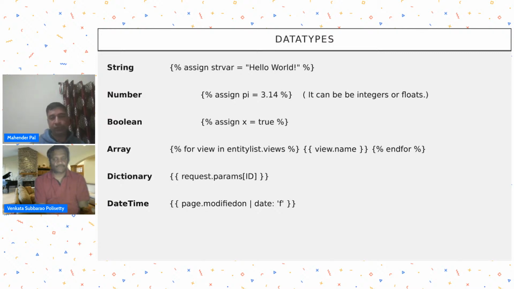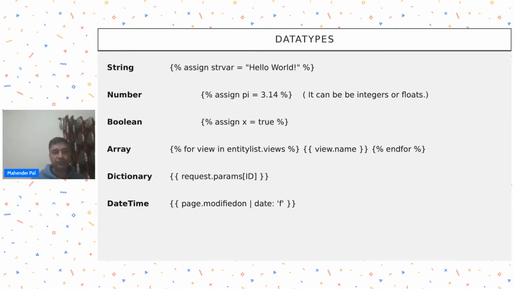It will be a full date, so for the full date we use f here. Then page dot modified on: this is the page object, and under that we are getting the property modified on, and it will tell you that this page was modified on this particular date and time. So these are the data types that are available under liquid.